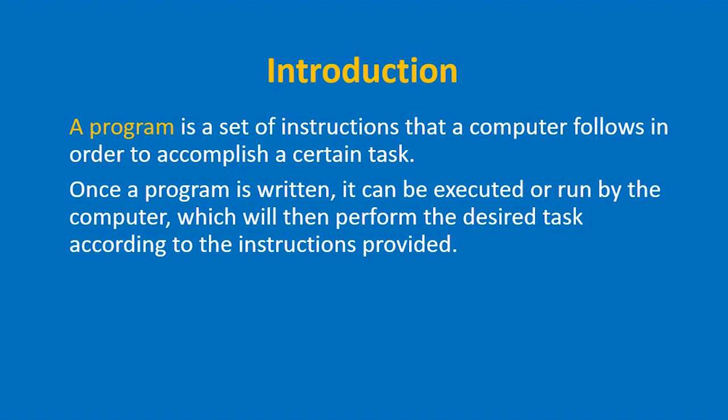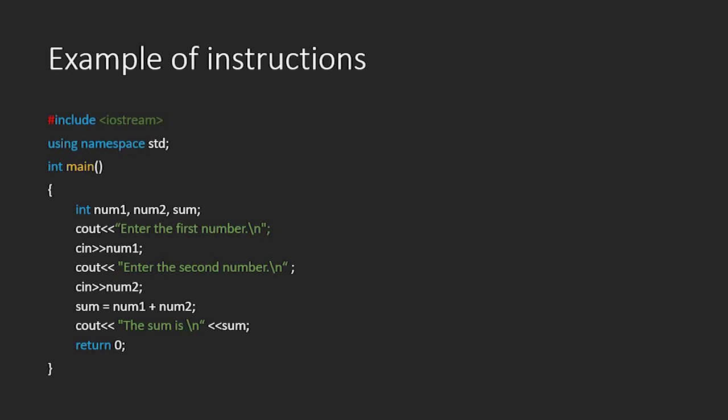So programs range from a simple script that can perform a single task, to a large software application that can contain millions of lines of code. Here is an example of an instruction that contains just a few lines of code.